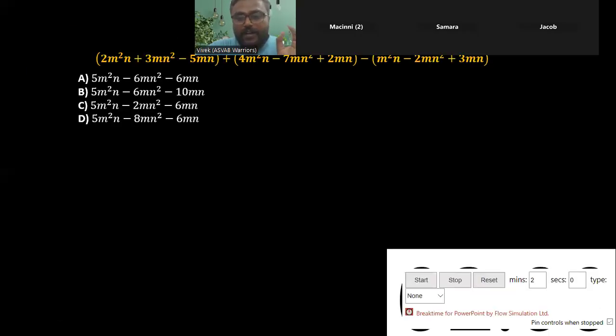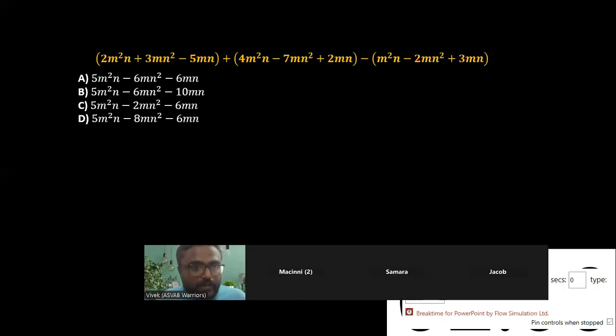Now, let's try to solve some questions first, so that you can understand it clearly. Now, if you observe here there are three parentheses. I will try to initially eliminate the parentheses.